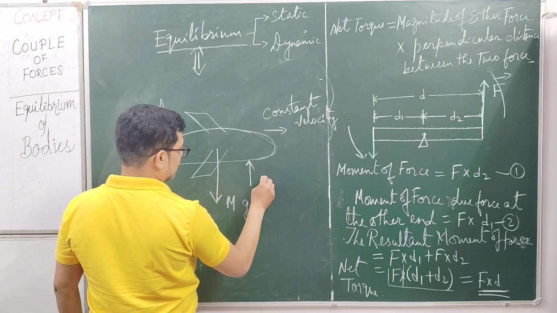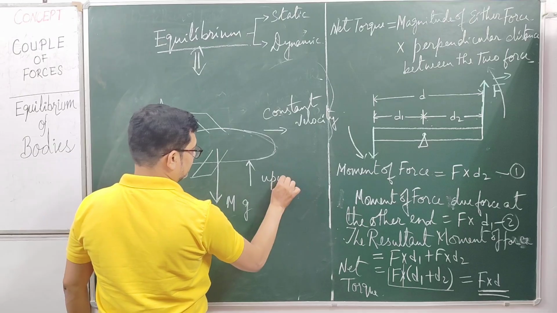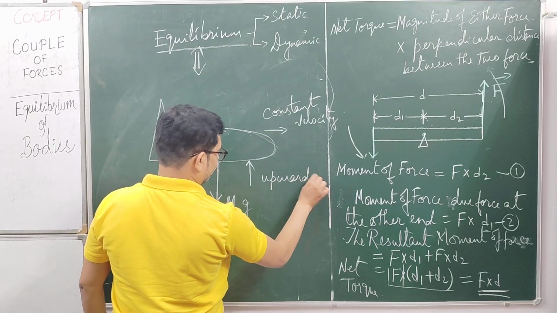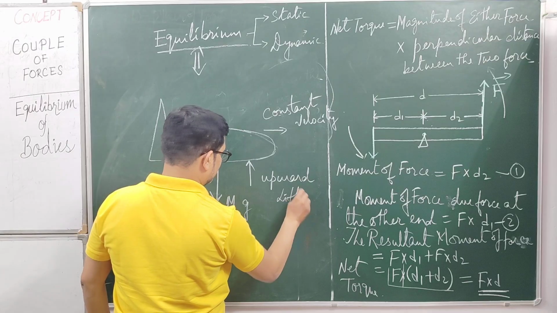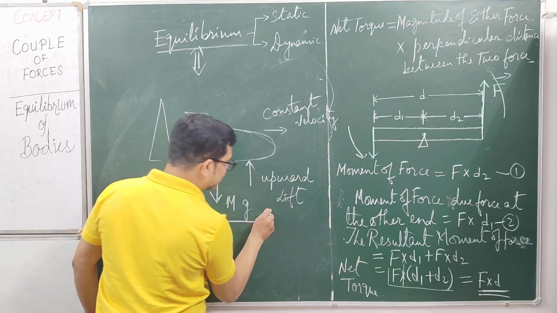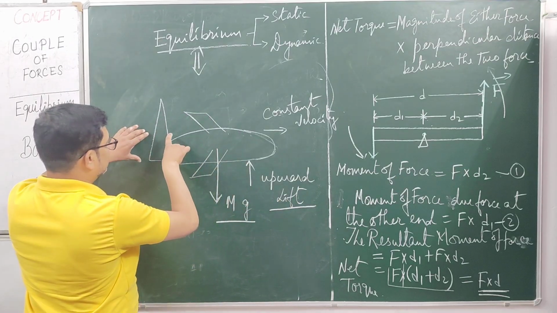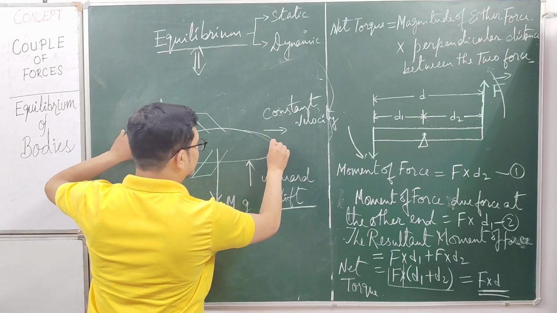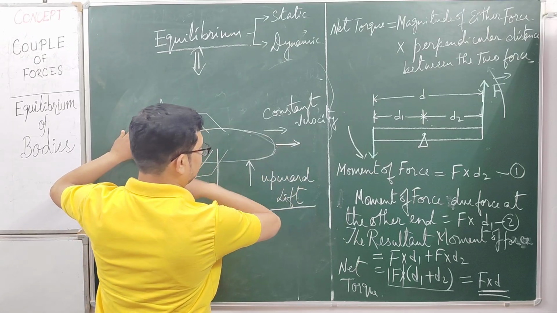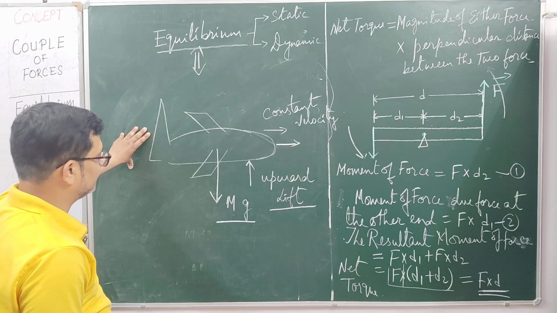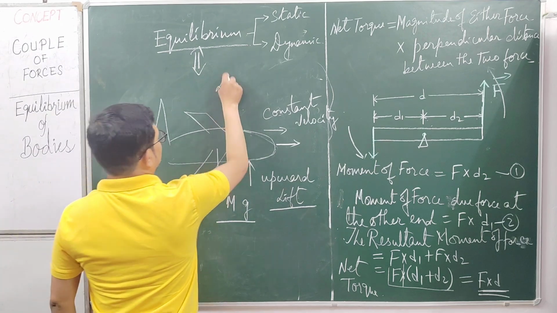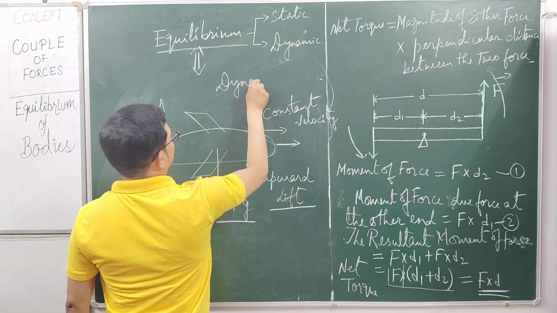So this is upward lift, because of the pressure created. If this weight mg balances the upward lift, the airplane continues to be in constant motion. That state is preserved, and this is a situation of dynamic equilibrium.